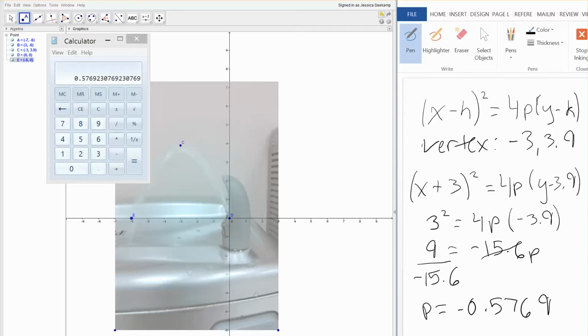I'm going to take it out to those 4 decimals so I get a more accurate model for my parabola.